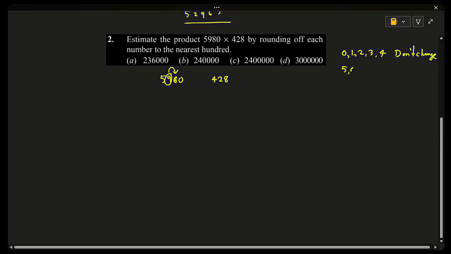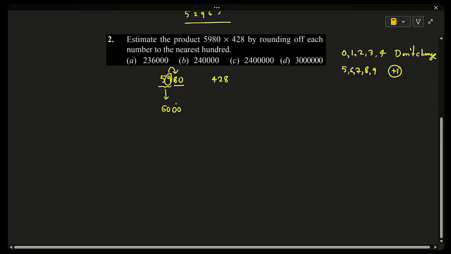If the next digit is 5, 6, 7, 8, 9, then you add 1 to that digit. Because the next digit is 8, I'm adding 1 to this 59. So I'll get 60, and the other two digits become 0, 0. So 5,980 to the nearest 100 is going to be 6,000.